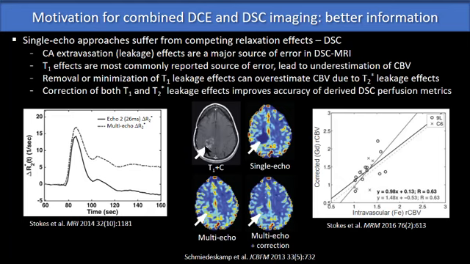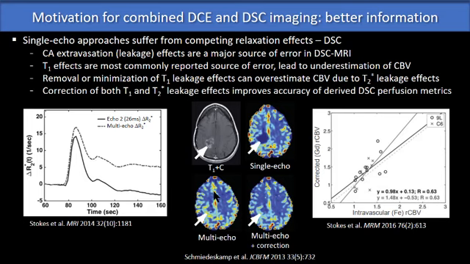In rCBV mapping, the cerebral blood volume is related to the area under the curve. So you can imagine that if you have strong T1 effects, you can get severe underestimation in your rCBV. Multi-echo allows you to remove those, and so you get more physiological non-negative CBV values.